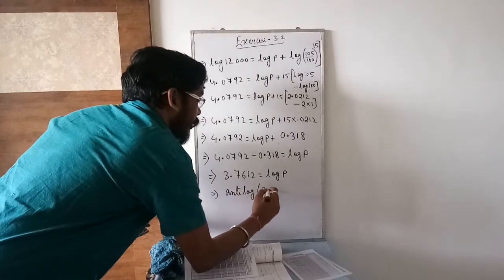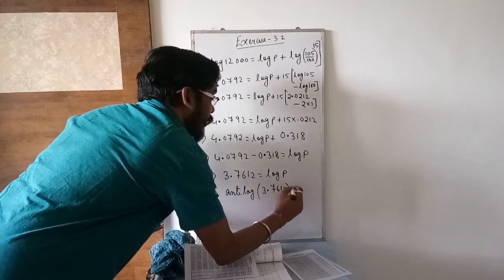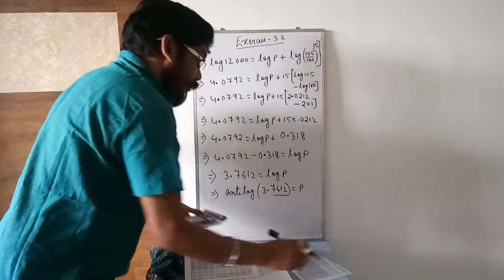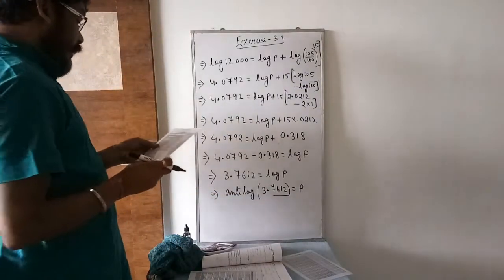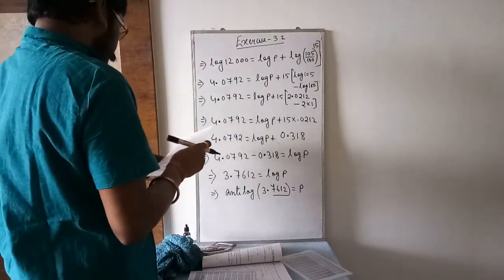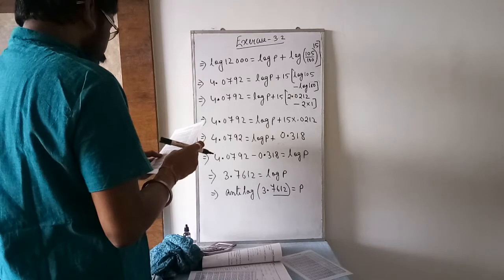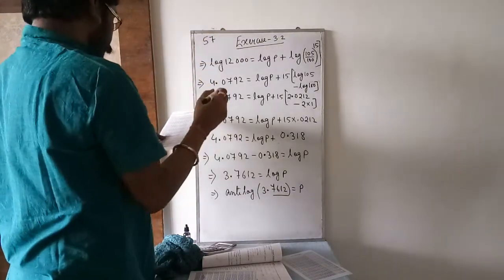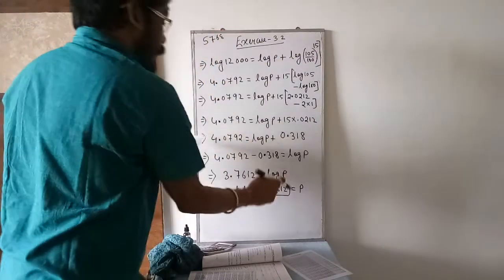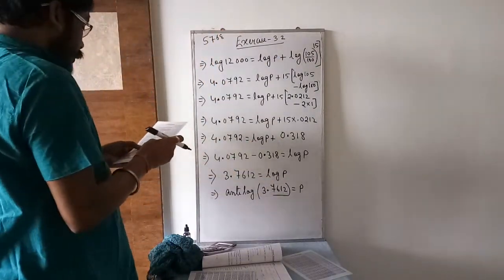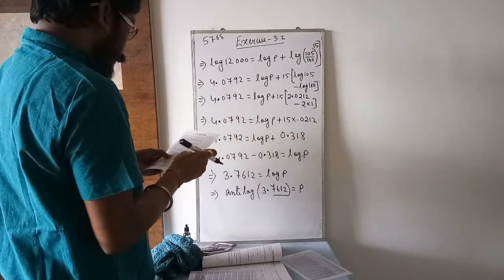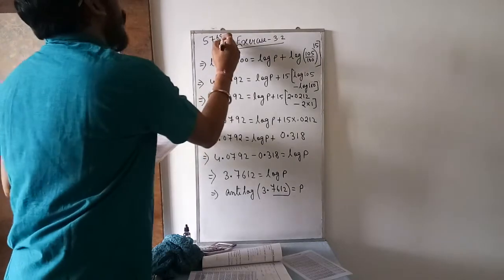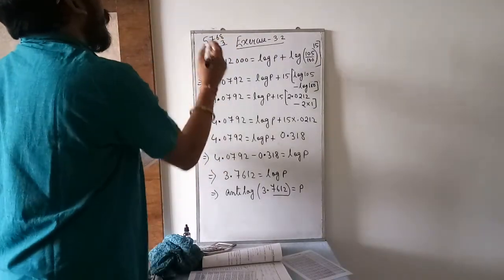So it is 3.7612 equal to log P. When you search for anti-log, 76 1 and 2, 76 1 is 5768, and the mean difference 2 is 3. So if I add up, it will be 8 plus 3, 11.